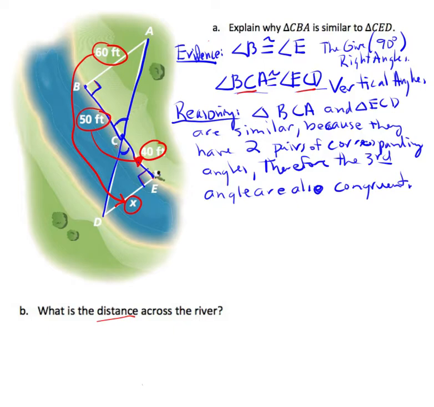So now I can either set it up as a proportion with my equals, so 50 over 40, and the bigger triangle of 50 goes with the 60, so we have to get them in the right places, goes along with the x in that smaller triangle. And then we can use our cross products.